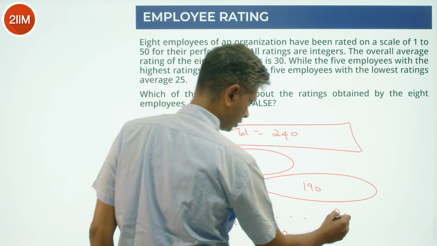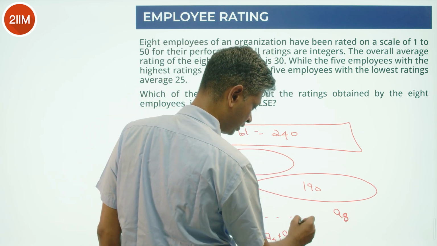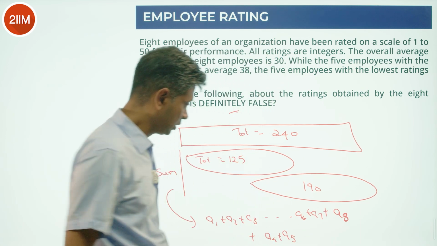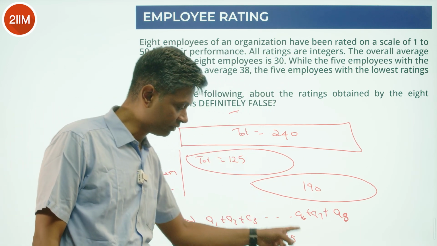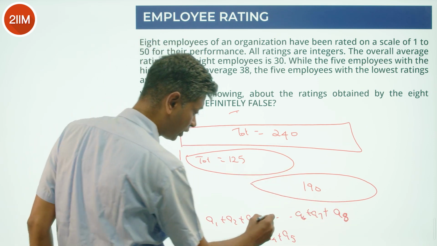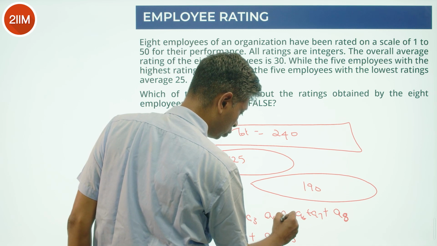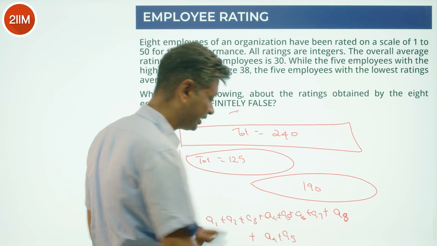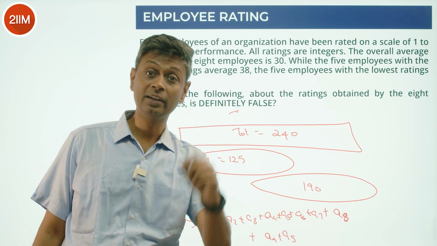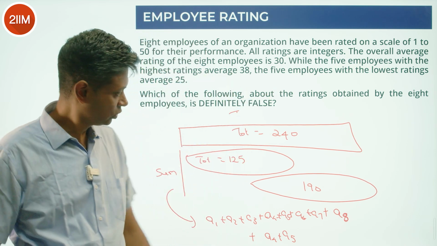Why? The first 5 will be A1, A2, A3, A4, A5. The last 5 will be A4, A5, A6, A7, A8. So A4, A5 will sit on both of these lists and get double counted. So this plus this is A1 to A8 plus A4 plus A5.